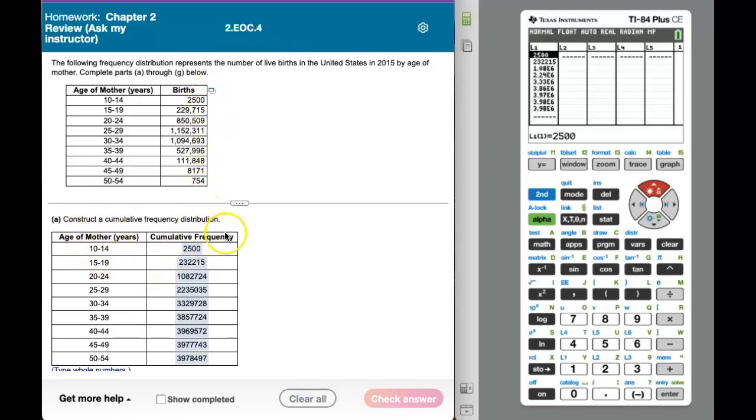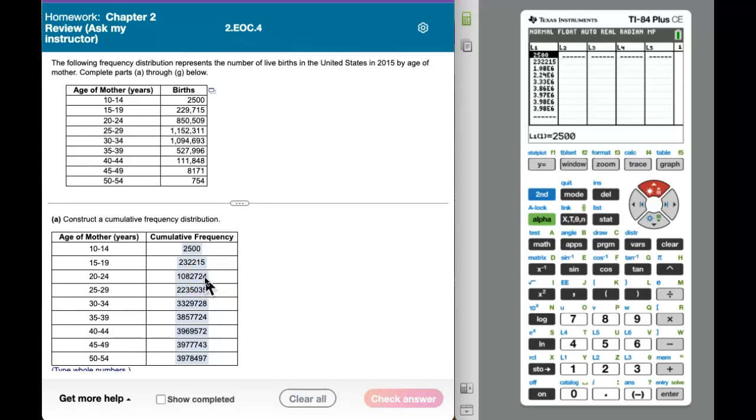So first we're asked to construct a cumulative frequency distribution. And to do that, if you'll notice here, you take the 2500 plus the 229,715, and that gives you 232,215. And then to that you add on the next amount, 850,509, and that gives you 1,082,724.